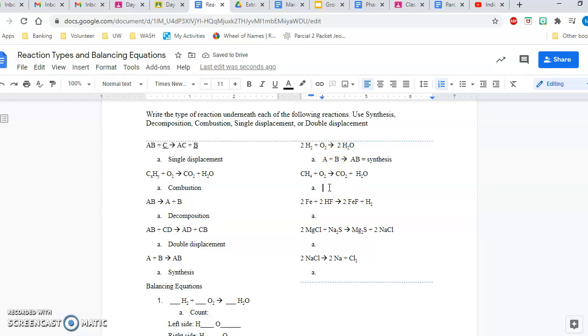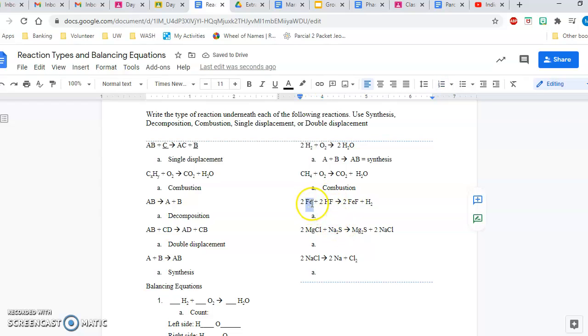This one, we can see we have oxygen, we have carbon, we have carbon dioxide, we have H2O for water, and we also have a CH4, so some kind of carbon and hydrogen. So it looks almost identical to this. The only difference is instead of having an X and a Y, we actually will have a 1 and a 4. So this is a combustion reaction.